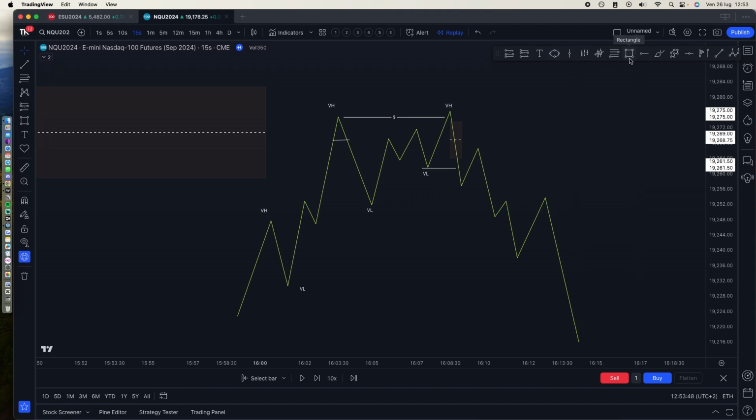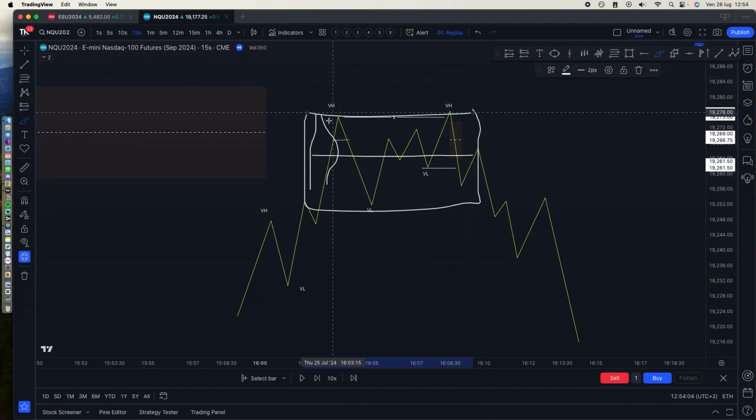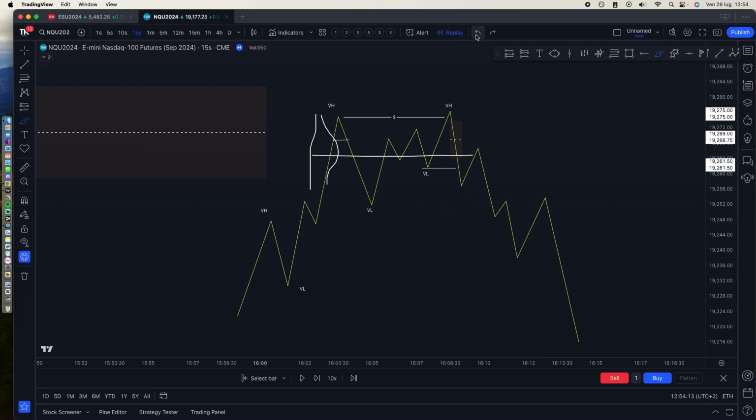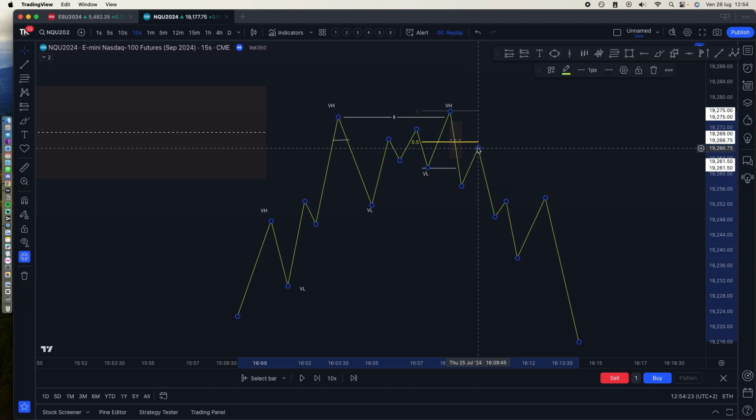To find where, there is a volume profile tool with the POC. We can take a fixed volume profile of the zone, find the POC, and trigger inside the POC. Or we can take the 50% between the value high and the value low, and trigger inside the 50%.